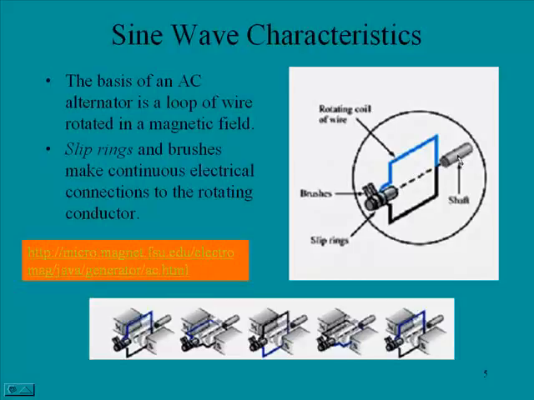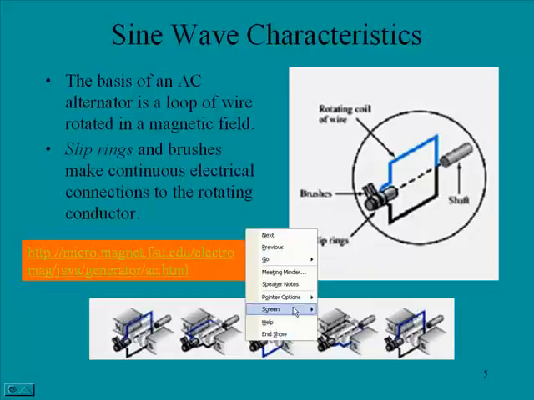It is connected through a shaft, and there are slip rings and brushes that will be the contact point for taking the voltage off of this coil. And you'll see here the relative movement of that coil. You see the north and the south pole magnets, and you see this coil of wire that is being turned, and in the process of turning, we are generating an AC signal.